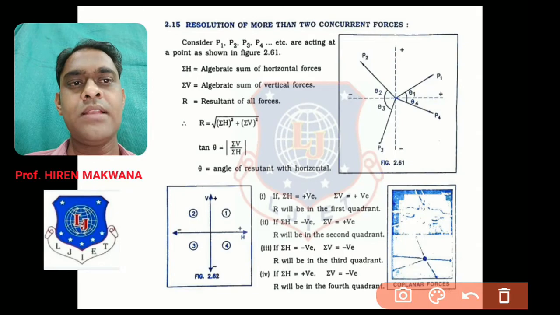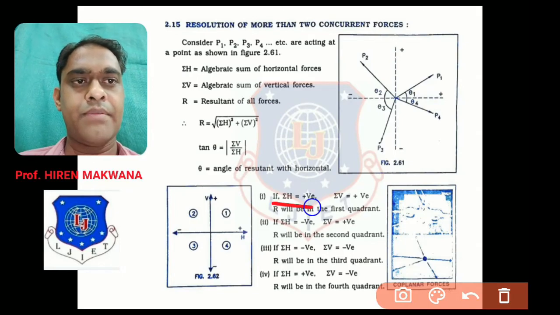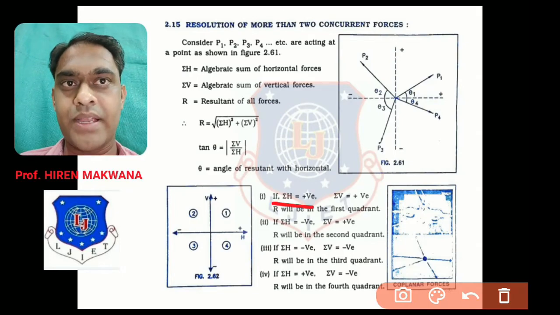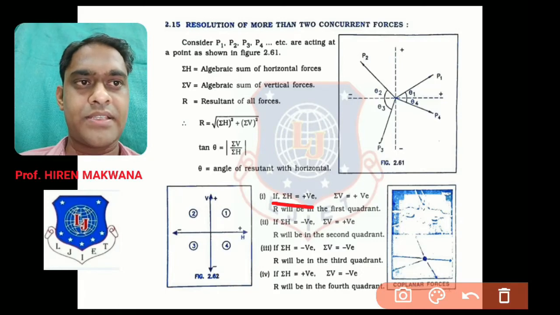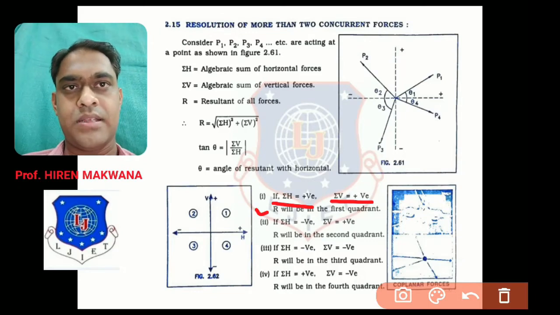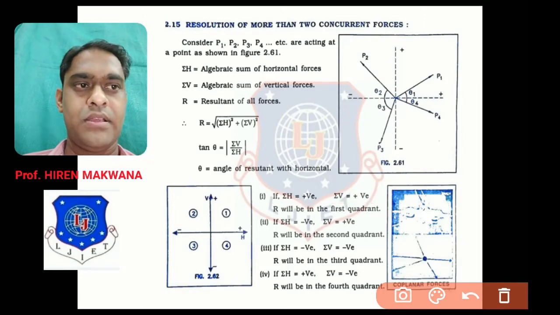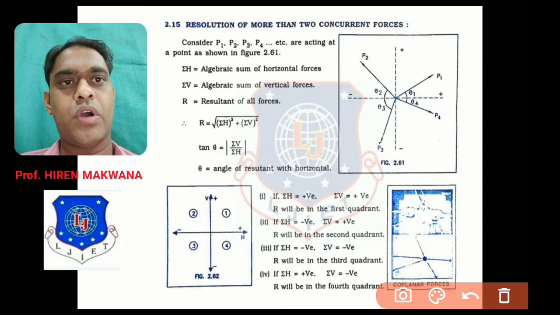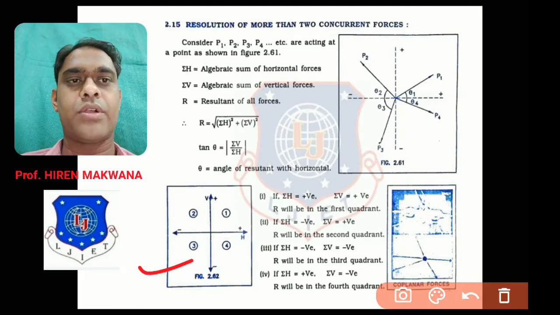Now there are four cases. If answer of sigma h is positive and sigma v is also positive, then the resultant will be in the first quadrant. You can understand, horizontal plus vertical plus means first quadrant. Similarly, four cases. You all are aware about the quadrant system 1, 2, 3, 4.